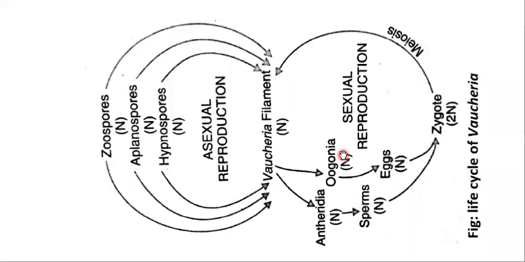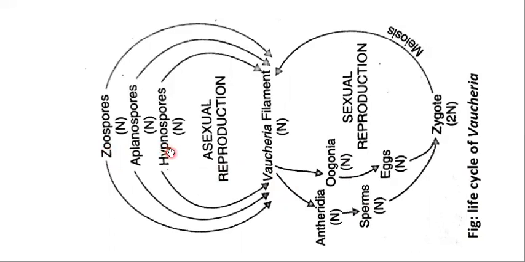This is the life cycle of Vaucheria. The Vaucheria life cycle can be understood very easily as asexual reproduction and sexual reproduction. Through asexual reproduction, zoospores, planospores, and hypnospores are produced. These three types of spores are haploid.